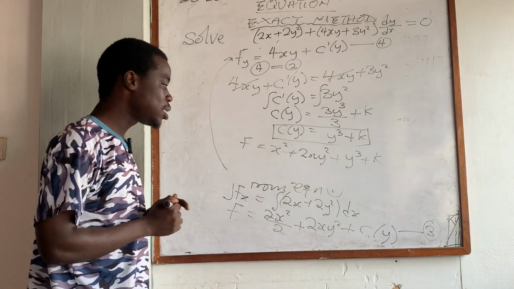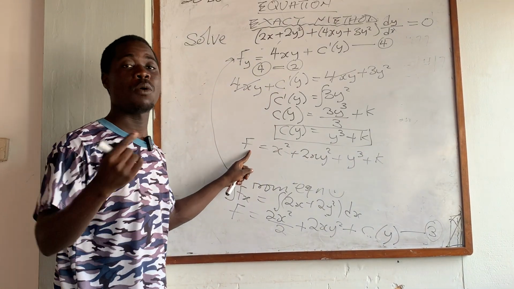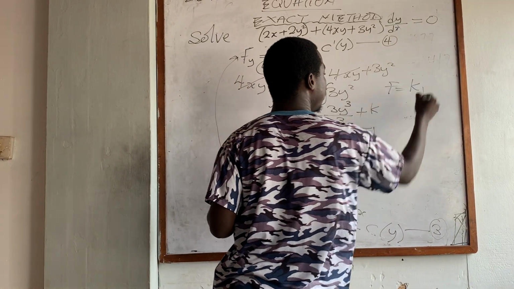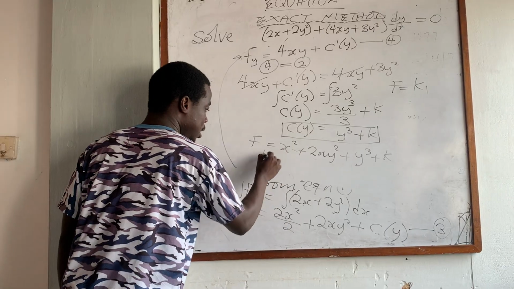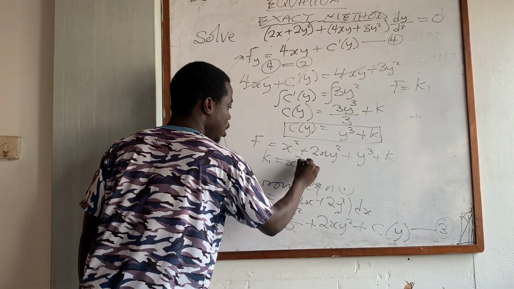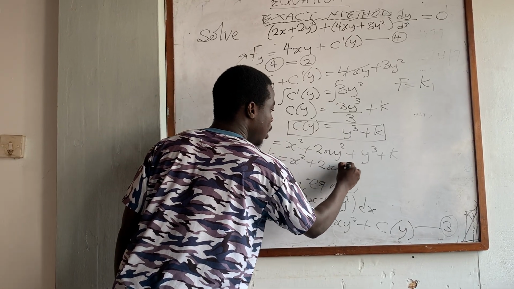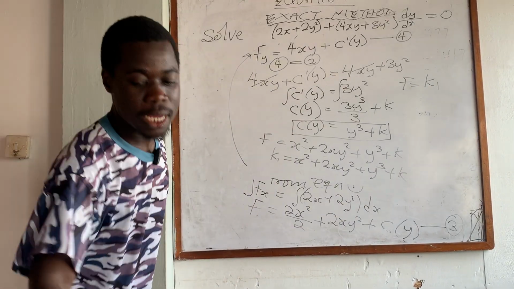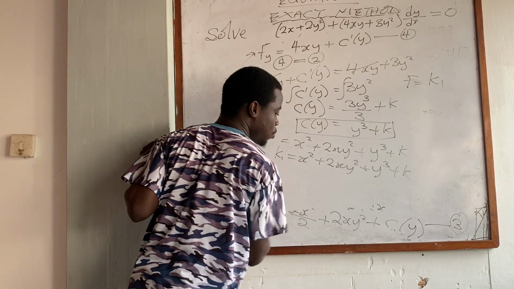So we will assume that our f here is equal to a constant. That is the assumption. So f is equal to k1. Now we know that here we will get k1 equal to x squared plus 2xy squared plus y cubed plus k. So we know that if you subtract a constant from a constant, definitely you will get a constant.